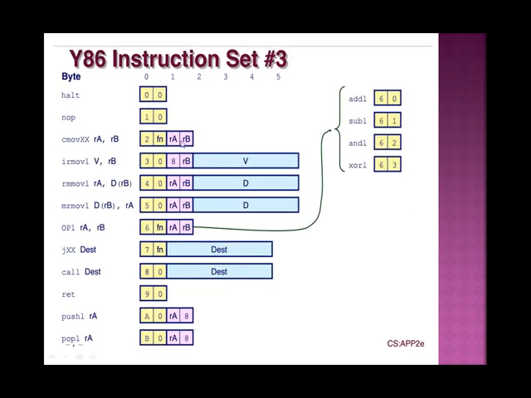This is your next instruction set, set 3. These are the same values: halt, nop, cmove, irmovl, rmmovl, mrmovl, and these are used for the operation part, addition, subtraction, and XOR. As I told you, there are multiple operations on binary numbers: adding the bits, subtracting the bits, and finding the XOR of the bits.